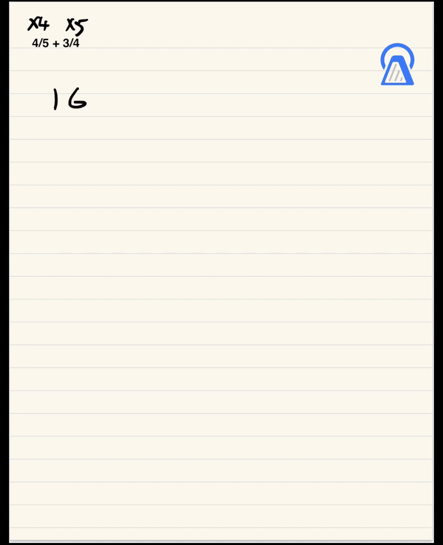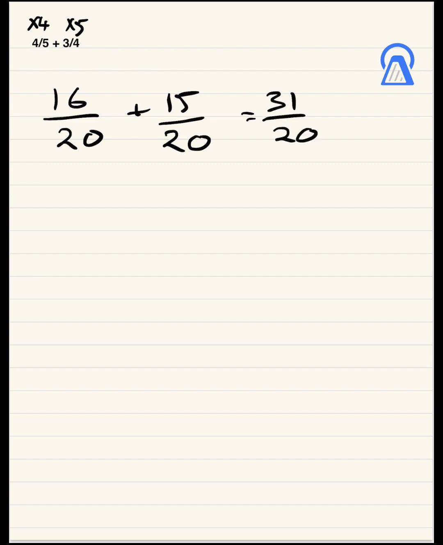So I'm actually going to have 16/20 added to 15/20. When I do this, I can see that I would end up with 31 over 20. I can then, of course, make this into a mixed fraction if necessary, so 20 goes into 31 once and leaves me with 11/20.